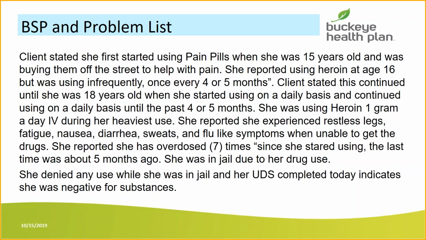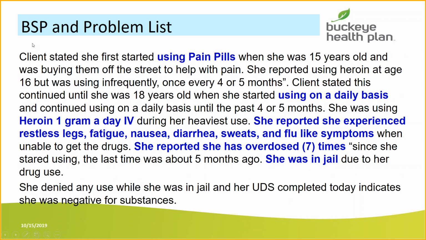We're going from the psychosocial assessment to the problem list. We're going from the biopsychosocial summary and we're trying to develop a problem list. This is what I picked out as the patient's problems.